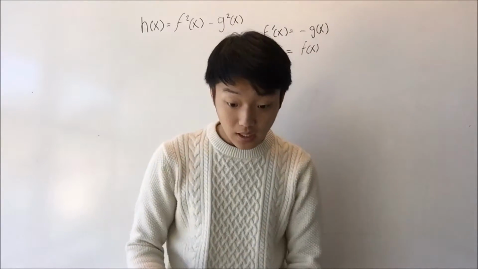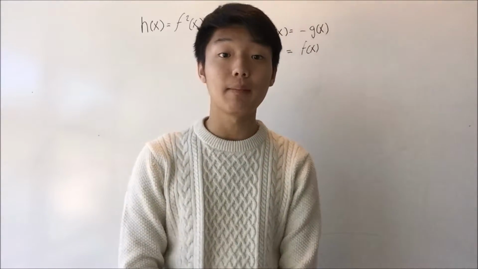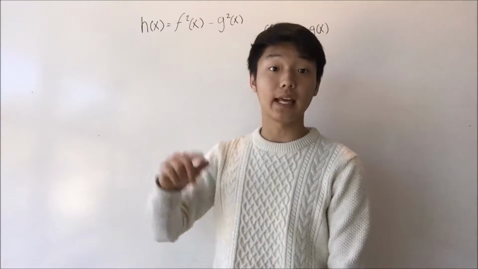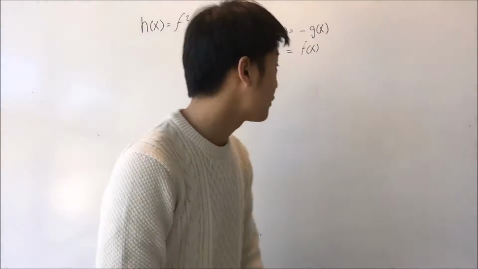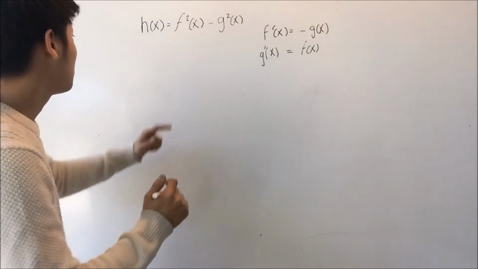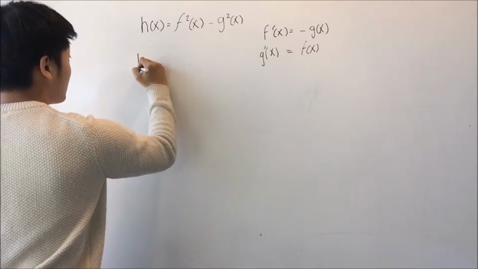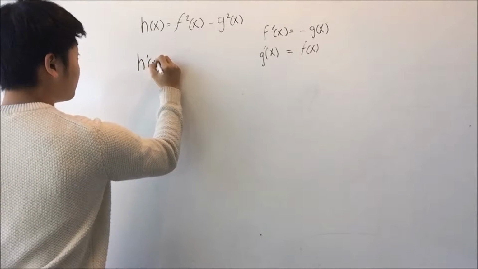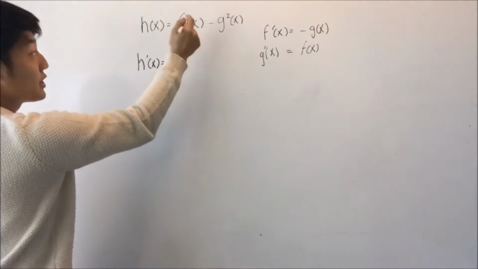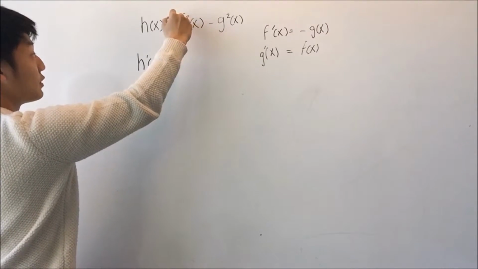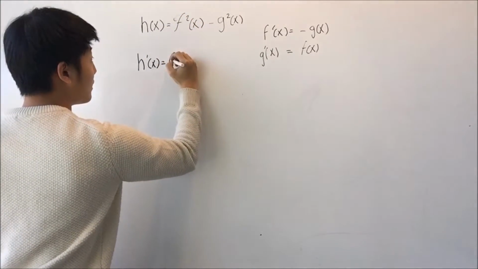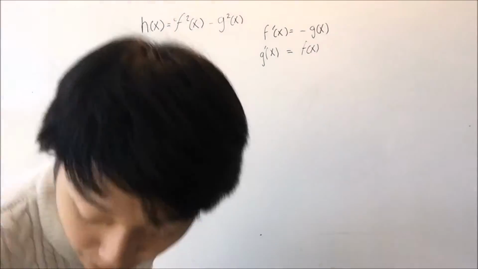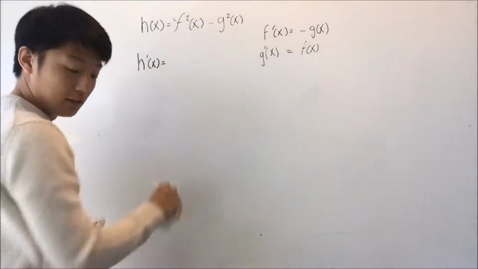Because it's asking for h prime x and they gave h of x, we have to solve for h prime x. So let's just differentiate this. It'll become h prime x. If we differentiate this, this 2 will come to the front. Oh, sorry, I forgot.